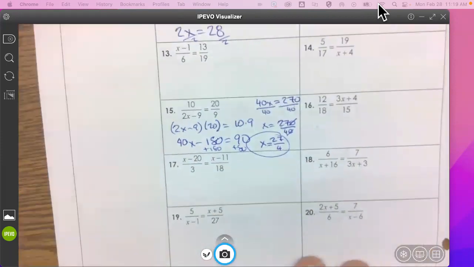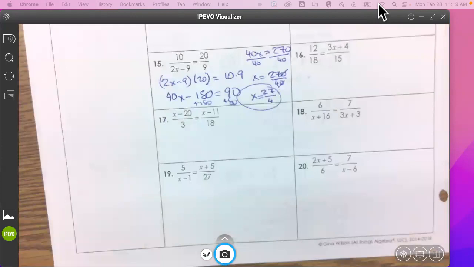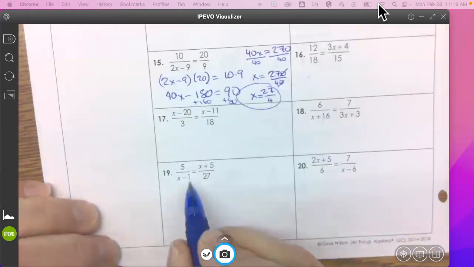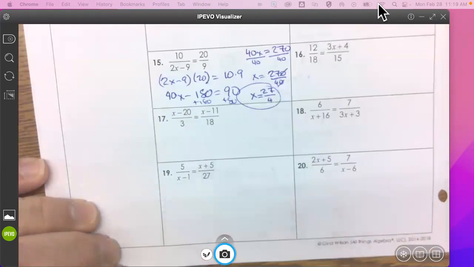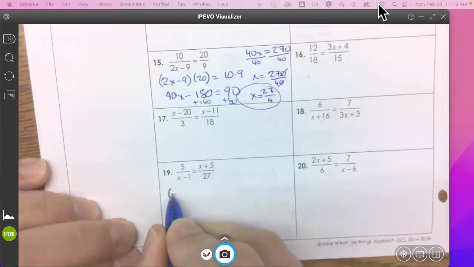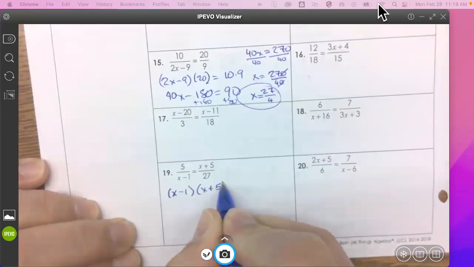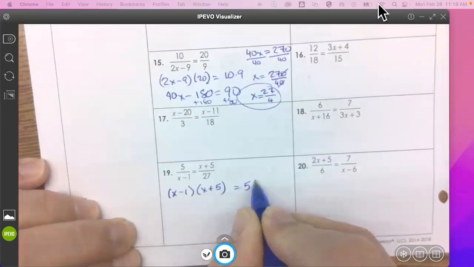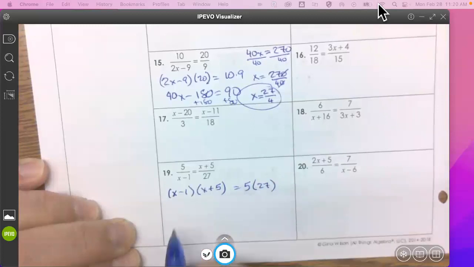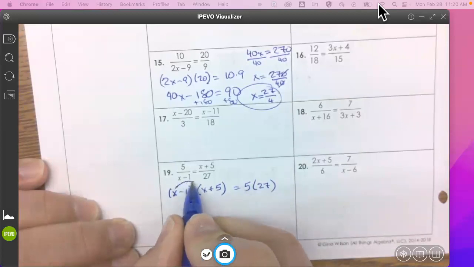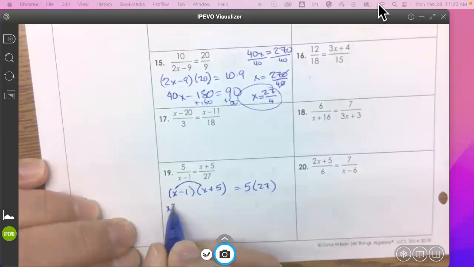What about number 19? How is that one different? Yeah, we're going to have some quadratics going on here. So we're going to get x minus 1 times x plus 5. We know that's going to get us some x squareds. When I multiply two binomials, you'll remember that we do the first term, x times x.